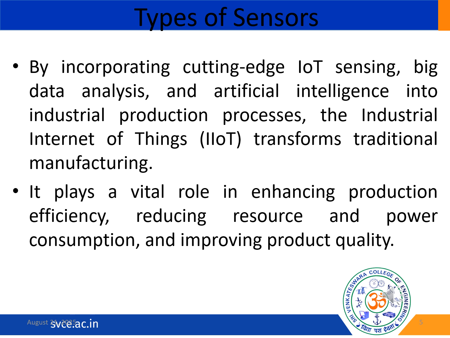There are many types of sensors, and we have active and passive sensors. All these sensors play a vital role in production efficiency, and they also reduce resources, reduce power consumption, and improve product quality. These are the basic ideology of sensors used in IIoT.